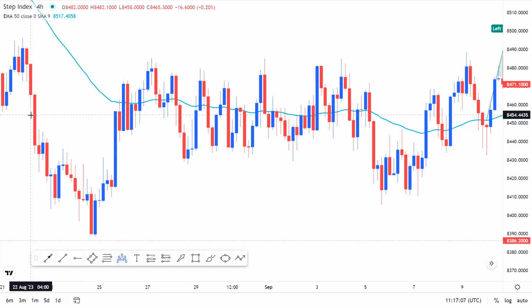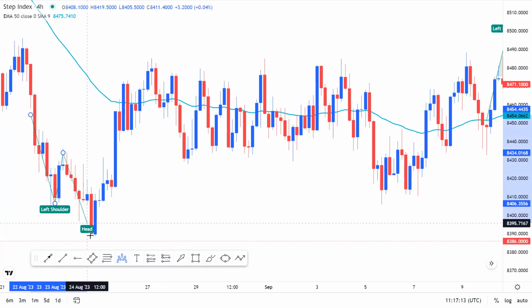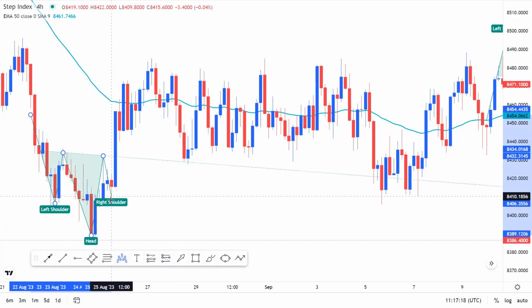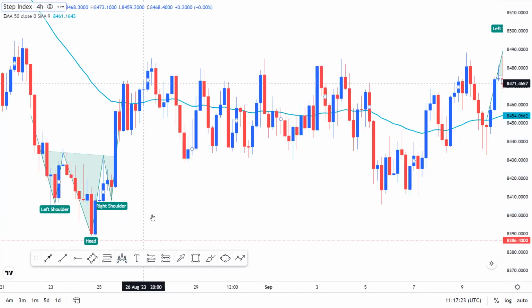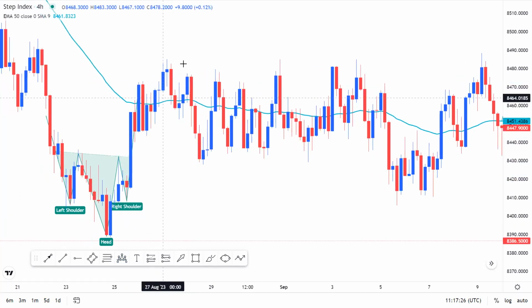And this would be the first head and shoulder pattern. This is an inverse head and shoulder pattern, with this being the left shoulder, the head, and then the right shoulder. And as soon as we had the break of the neckline, we had what? A trend reversal. Price started rallying to the upside.